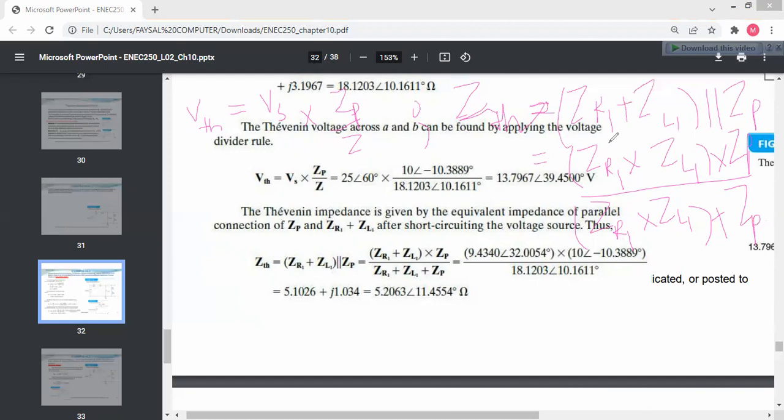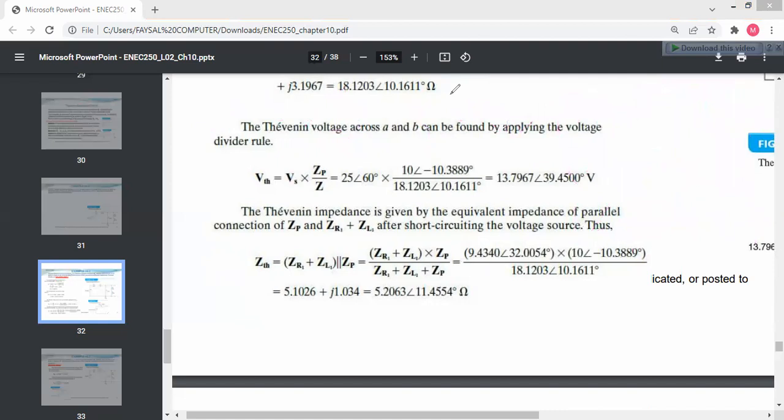That is, ZR1 plus ZL1 multiplied by ZP, divided by ZR1 plus ZL1 plus ZP. After the calculation, we can find the value of V Thevenin and Z Thevenin. So V Thevenin value will be this one, and Z Thevenin value will be this one for this numerical. Now this is part number one of my solution.